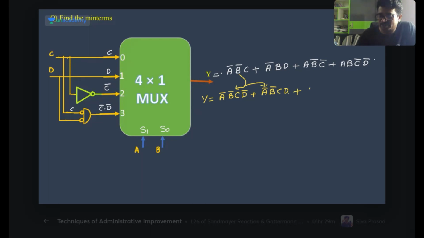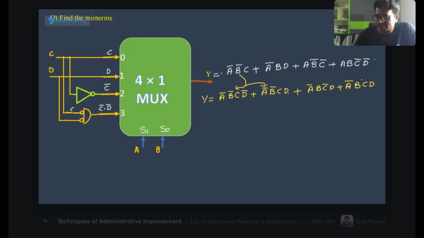Plus next, second one is A bar B C, where C is missing here. This is A bar B C bar D plus A bar B C D.